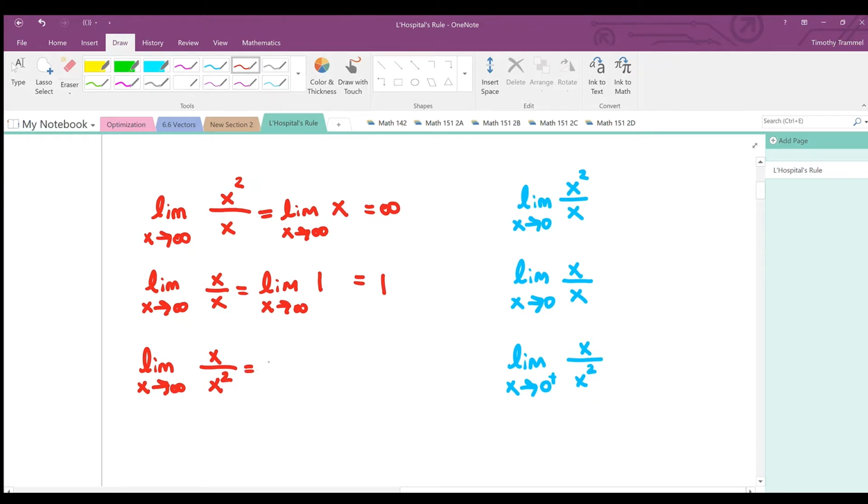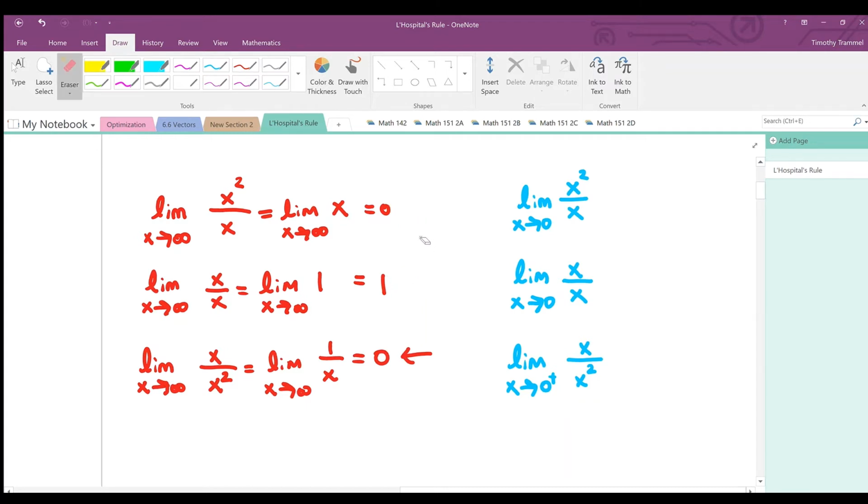And this one is the limit as x approaches infinity of 1 over x, which is 0. So again, knowing that this was of the form infinity over infinity was pretty useless because all these limits go to very different things.